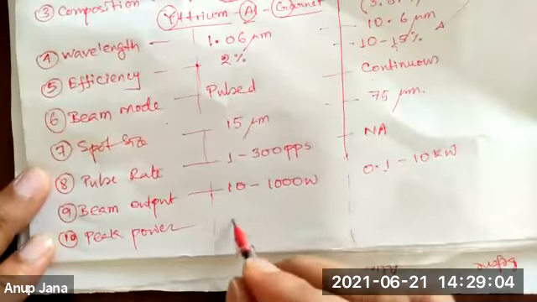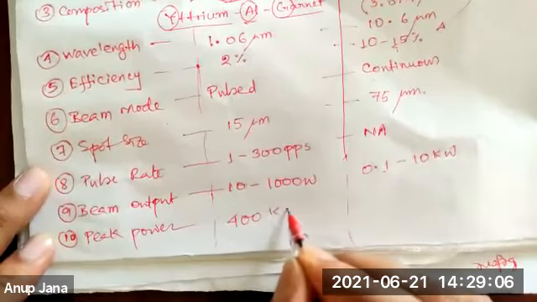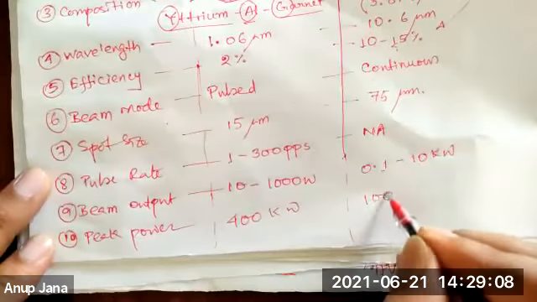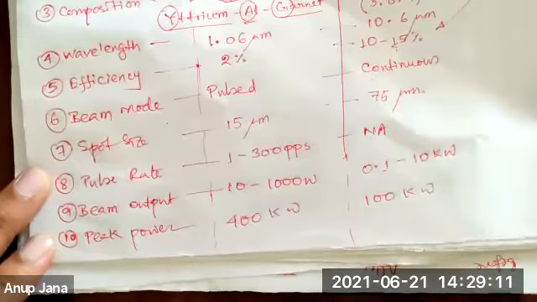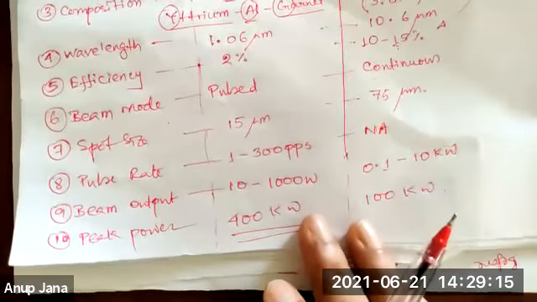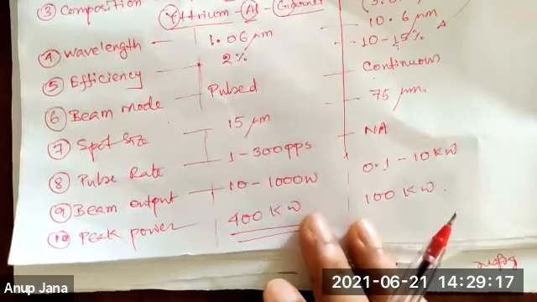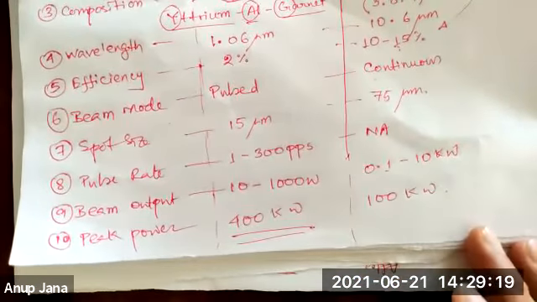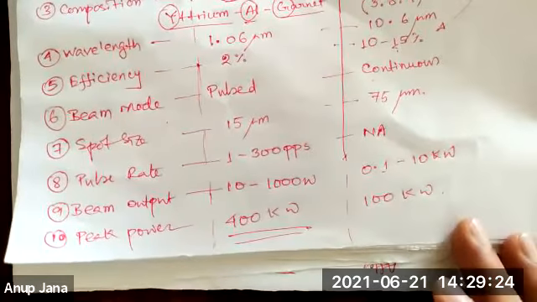So peak power will be somewhere around 400 kilowatt in this case, but here it will be 100 kilowatt. Why does it happen? Because in this case we are using pulse mode, and because of that reason we are going to get more peak power.